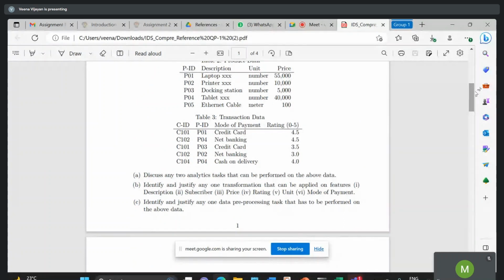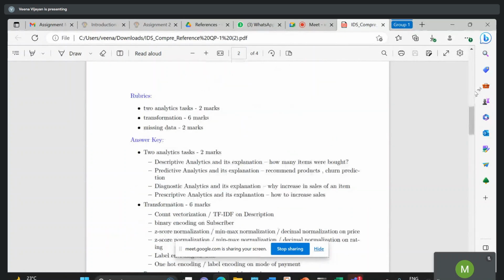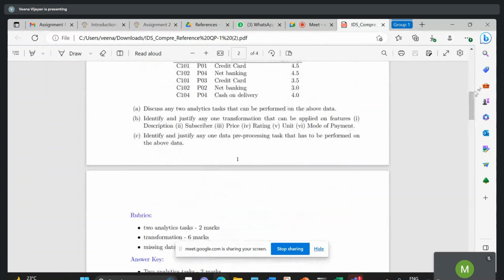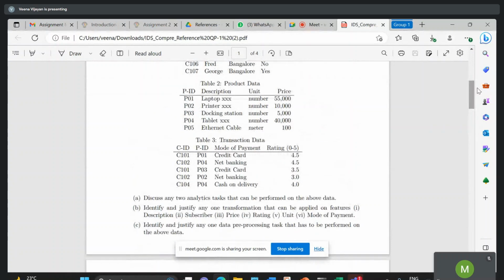If it is only one line in the answer sheet, each one will carry only half a mark. It's a 2 mark question, so one line should be sufficient, but that should tell what. If we are choosing descriptive, we should be able to tell what.